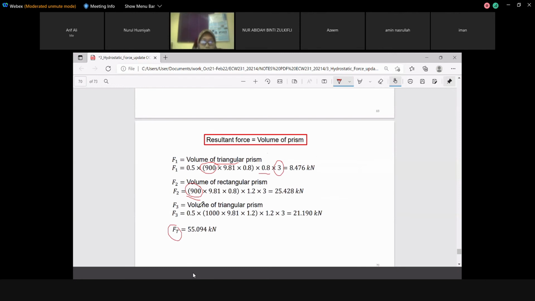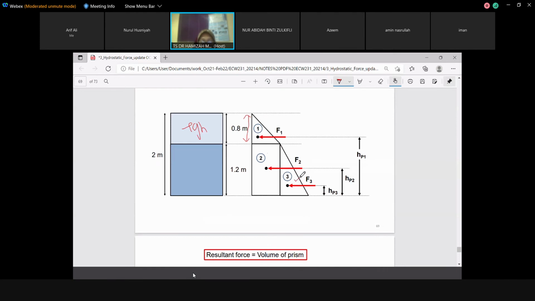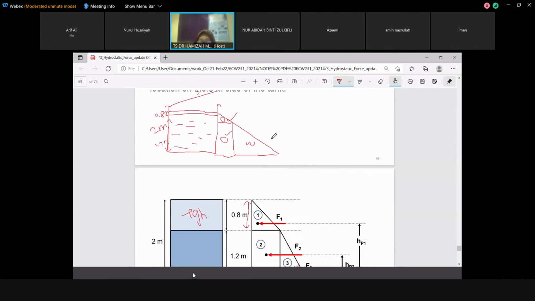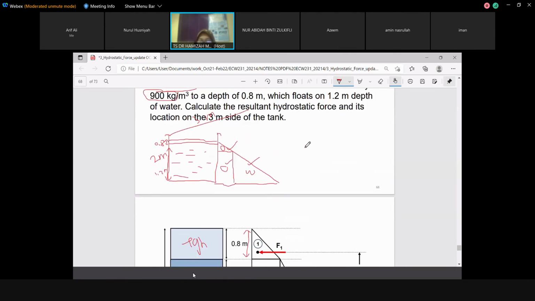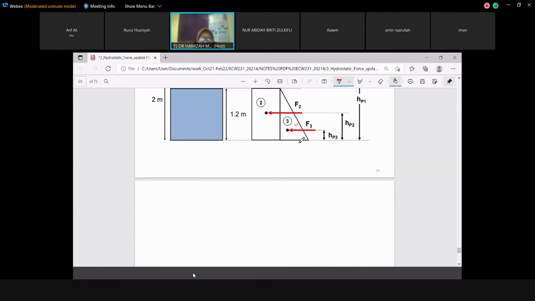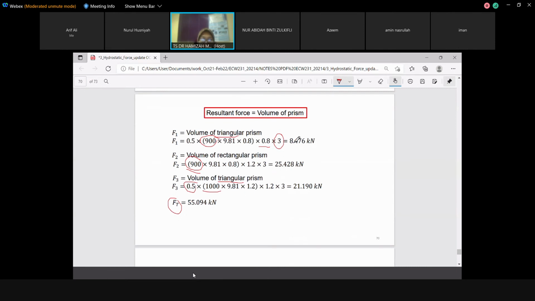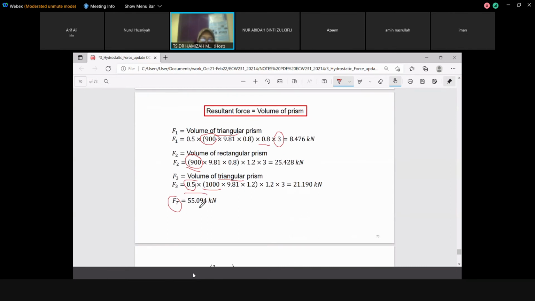Okay, and then for F3, prism ataupun triangle. So it is 1/2 and the density is water. So number 3 here is water. So we use 1000 typical density value for water. Okay, and then we can have the F total. So you get the resultant force.